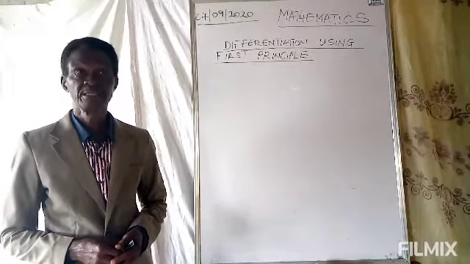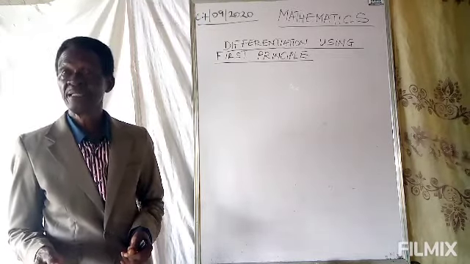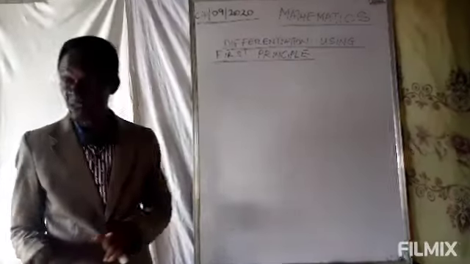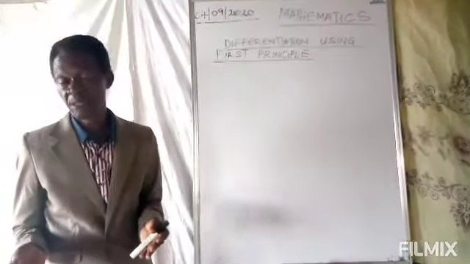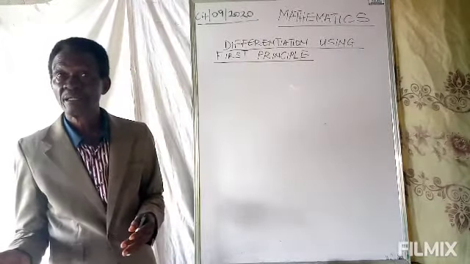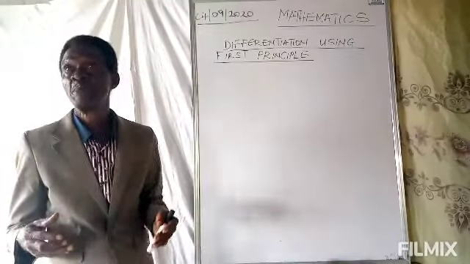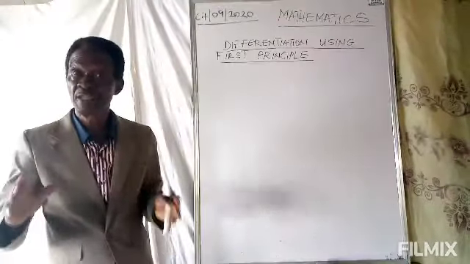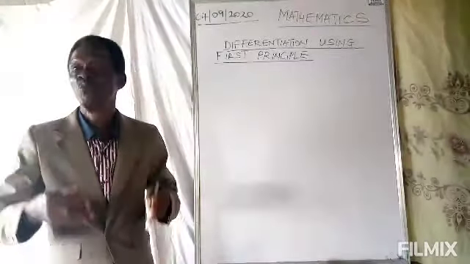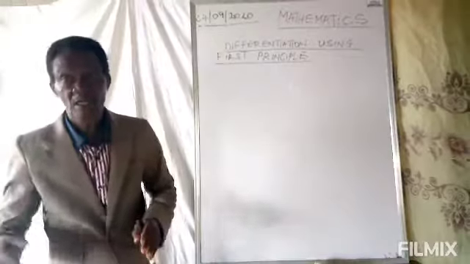Differentiation in mathematics is the process of determining the increase in two different variables, maybe like y and x, or maybe the population of a country, the growth of population in a country, maybe with respect to some time, maybe first year and second year or third year.